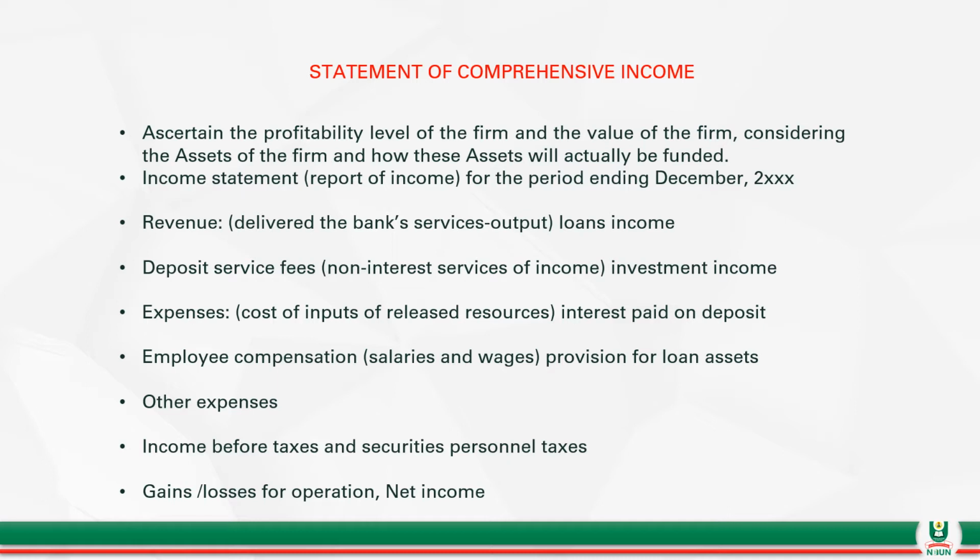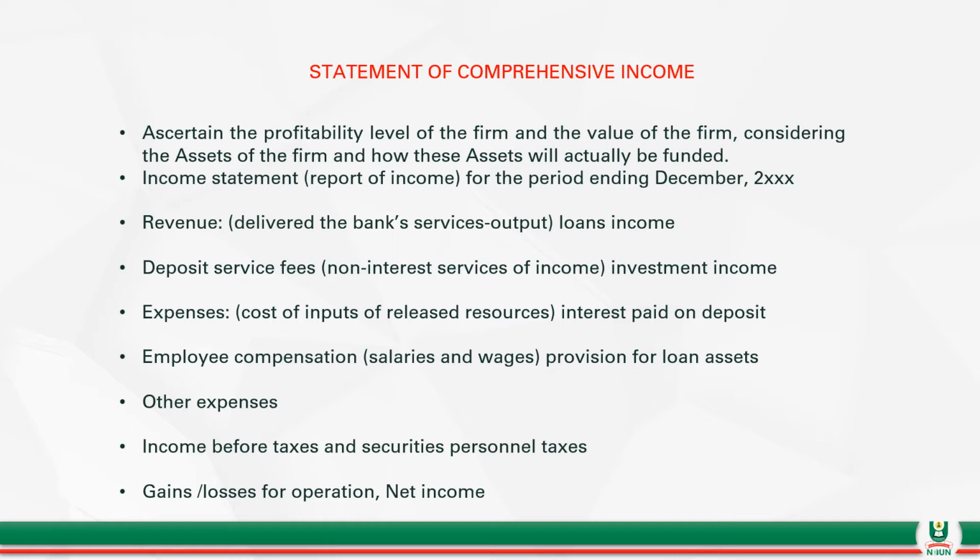Here the salaries and wages of staff are computed and taken care of in the comprehensive income statement. The provision for loan assets and other expenses could be administrative expenses, depreciation expenses, and expenses incurred on electricity, transportation, and other allied expenses.